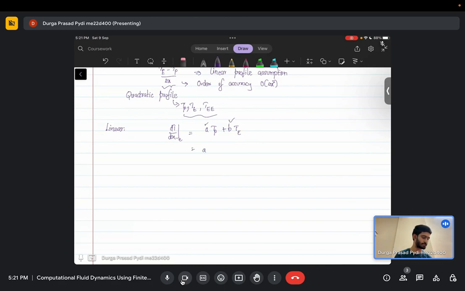I will use the Taylor series expansion. Tp and T east can be written around the east face, so maybe I will just draw it here. This is my east face, this is my P cell, and this is my east cell.